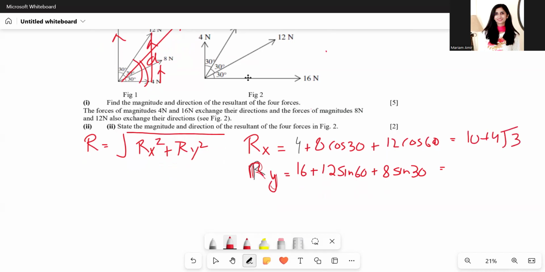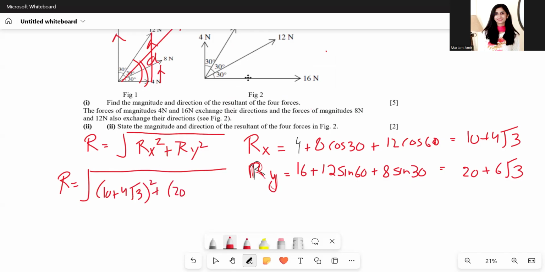Ry is 16 plus 12 sine 60 plus 8 sine 30, which equals 20 plus 6 under root 3. Okay. Now R is equal to the square root of (10 plus 4 under root 3) squared plus (20 plus 6 under root 3) squared.